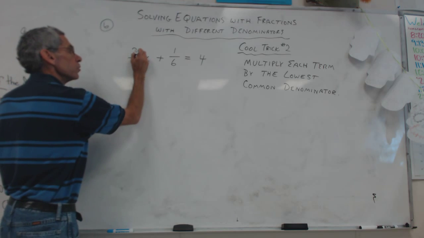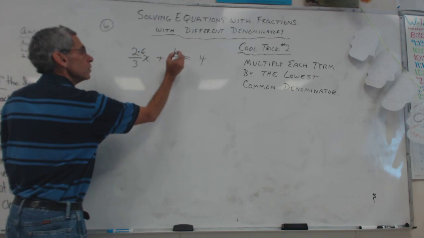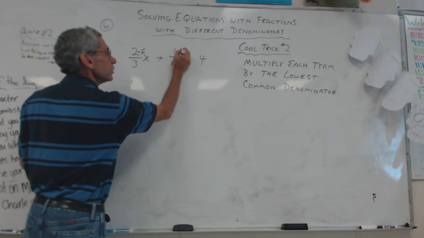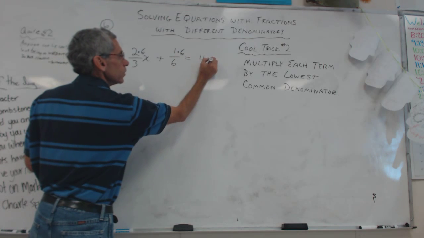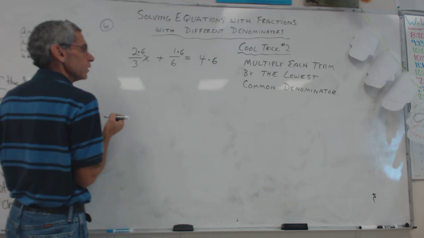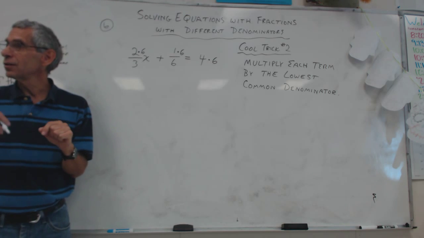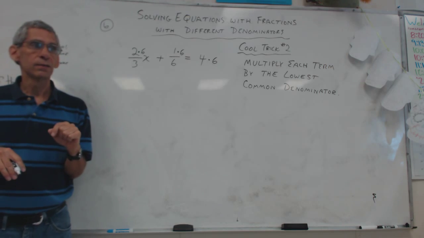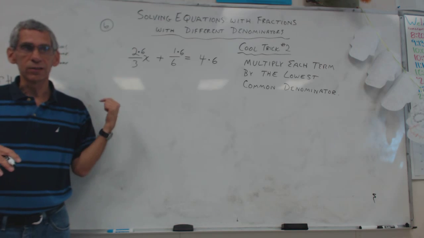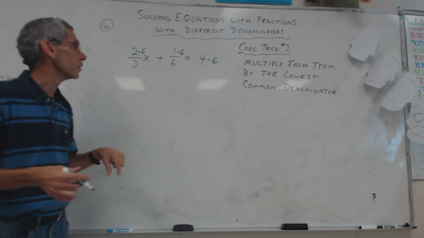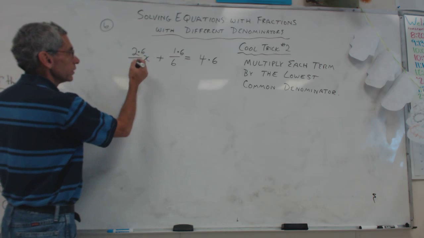So I multiply times 6 in the numerator, times 6 in the numerator, and this one doesn't need a denominator, so times 6. Now I do my upstairs, downstairs reducing. Some people call it cross-reducing, but in my opinion it's just upstairs, downstairs reducing.